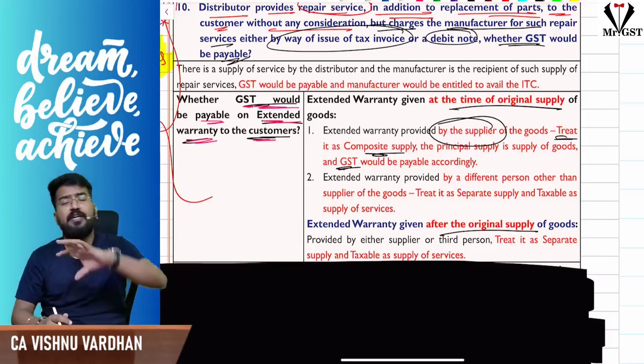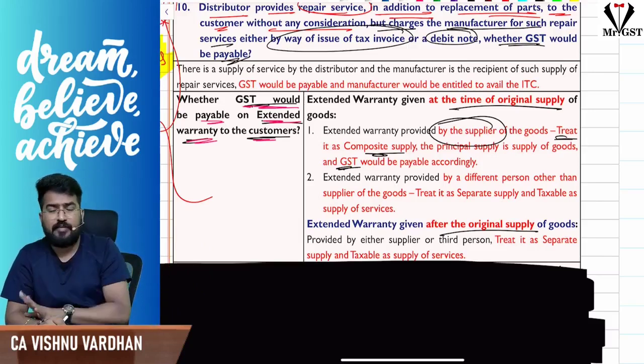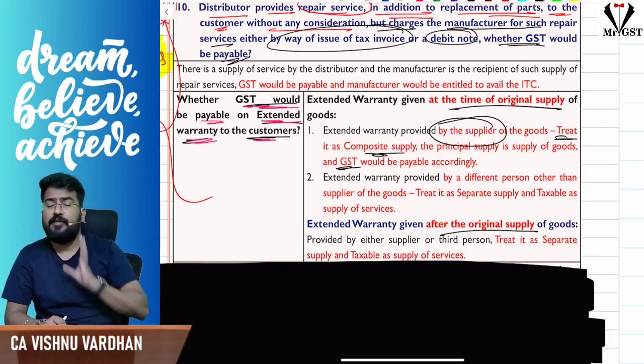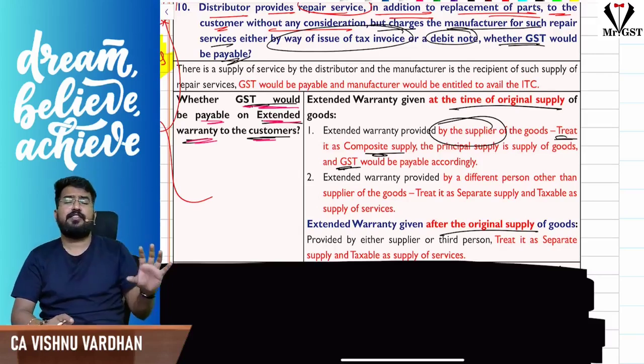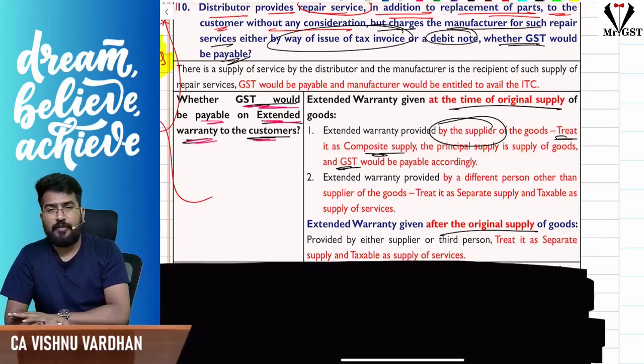That means it will be treated as supply of mobile phone only and will be charged accordingly. It is not taxed separately, it is added to the entire supply and treated as a composite supply. The principal supply is the supply of the mobile phone in the example. The entire transaction, even that extended warranty, will be treated as what? Supply of mobile phone, right?